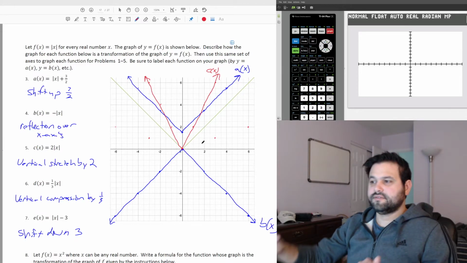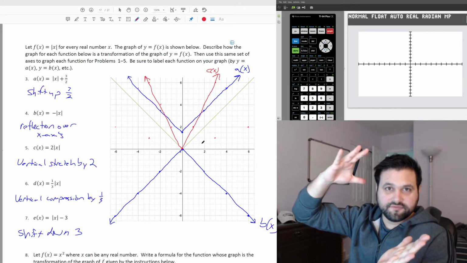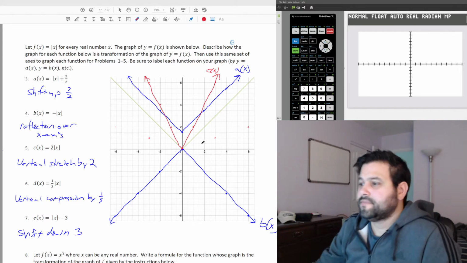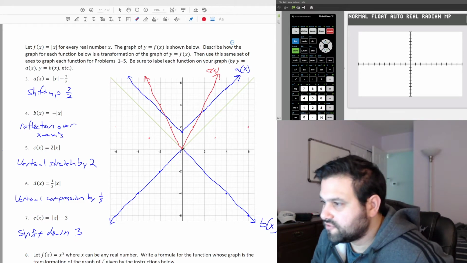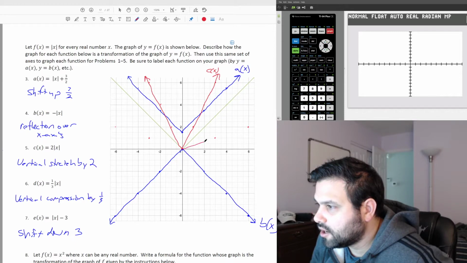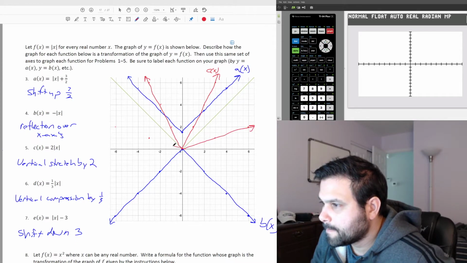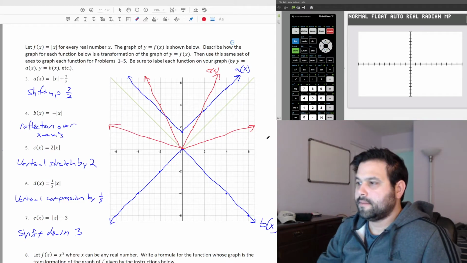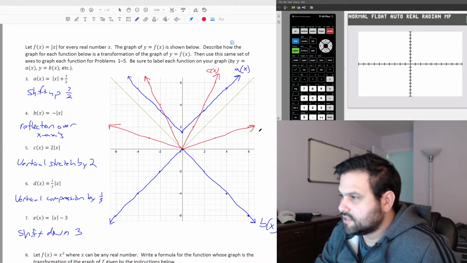And we get this V shape that looks like it's been vertically compressed or squished, right? And much more flattened out, much wider. Okay, and that is d of x.